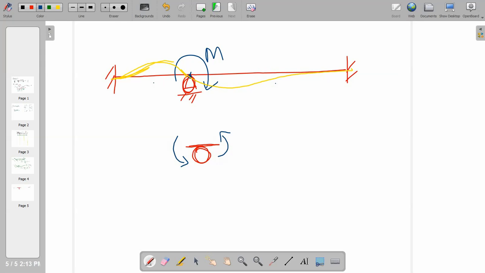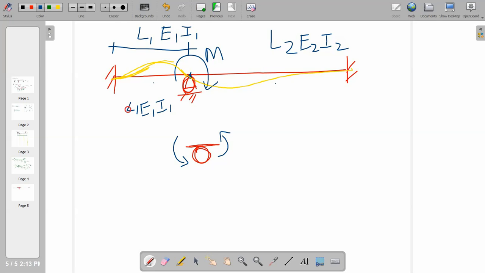Let's say on this side I have length L1, modulus E1 and moment of inertia I1. On this side I have L2, E2 and I2. The stiffness on this side is 4 E1 I1 by L1, and the stiffness on this side is 4 E2 I2 by L2. Just for example, let's say E and I are the same, and this length is half of this length.